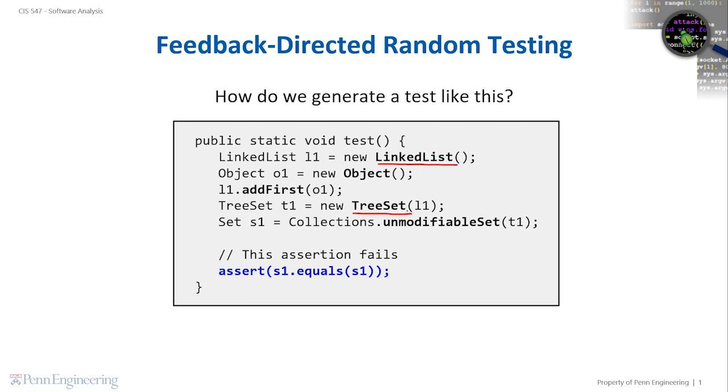Here is a real unit test generated by Randoop when run on the Java standard library version 1.5. This test shows a violation of the equals contract.